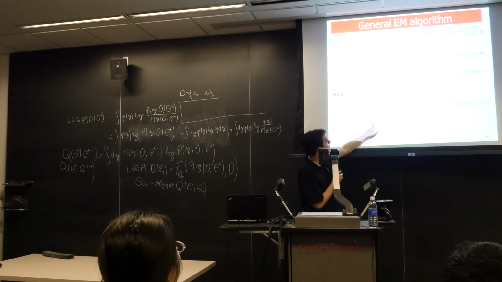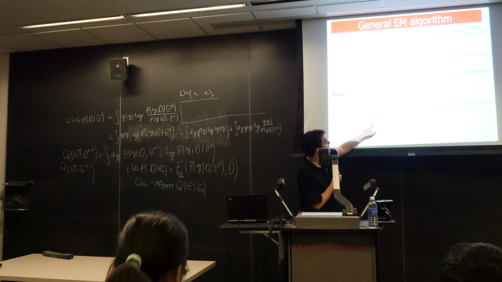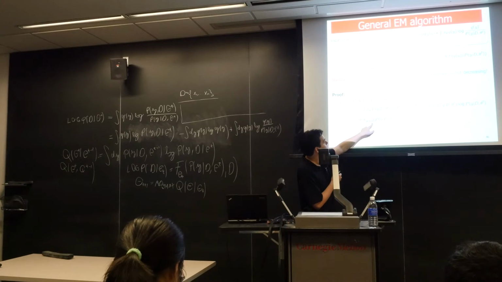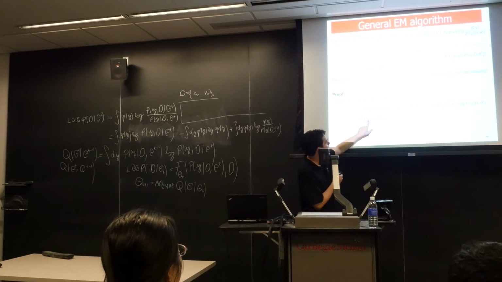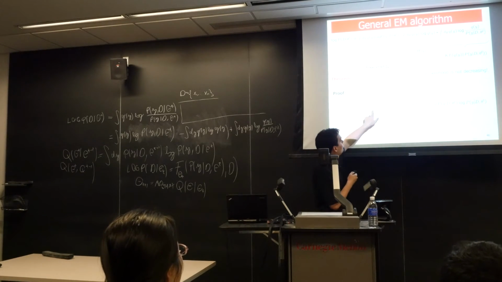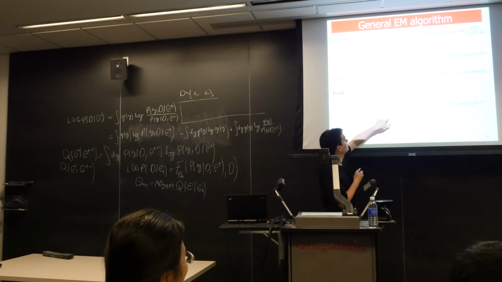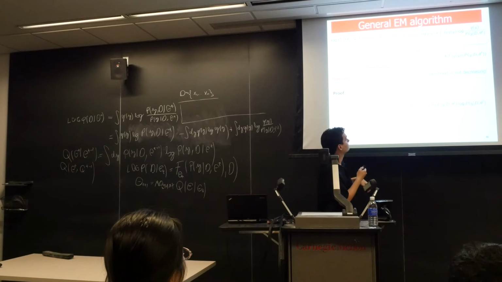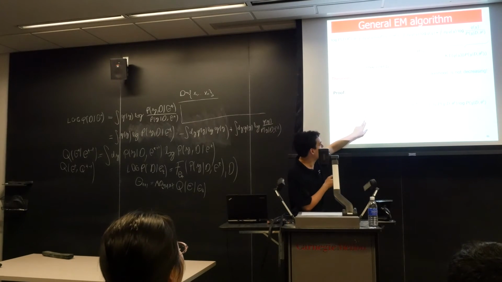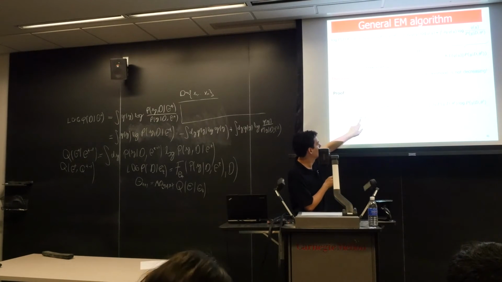If I put theta t plus 1 here, and the Q function is just p(y | data, theta t), then we come back to this. So this is by just the definition of free energy.